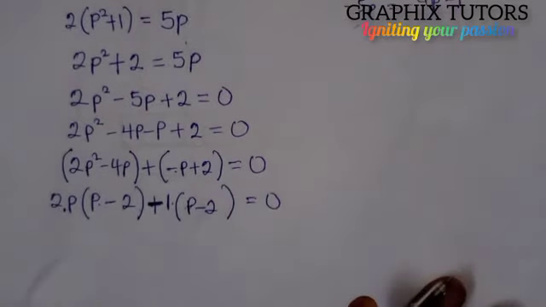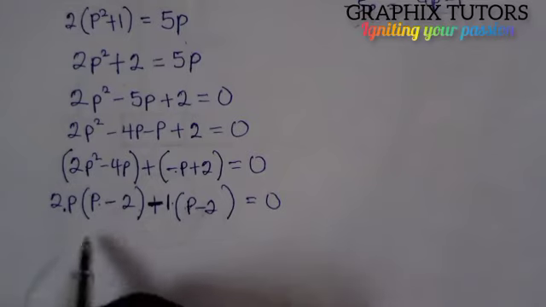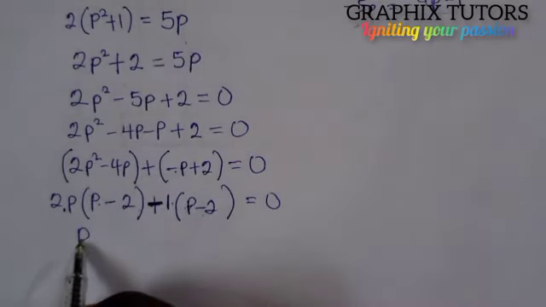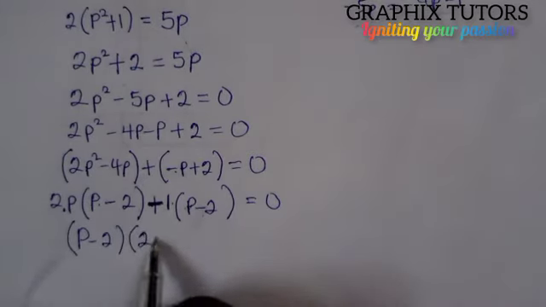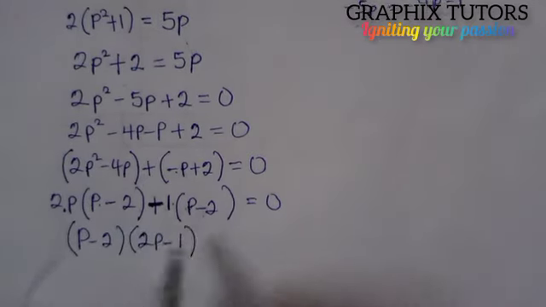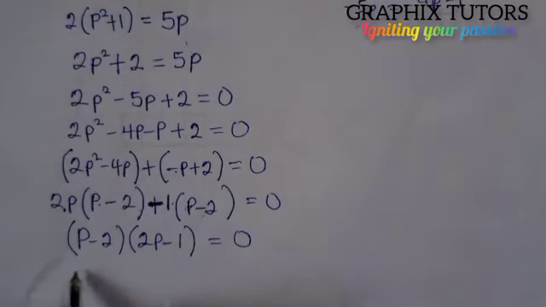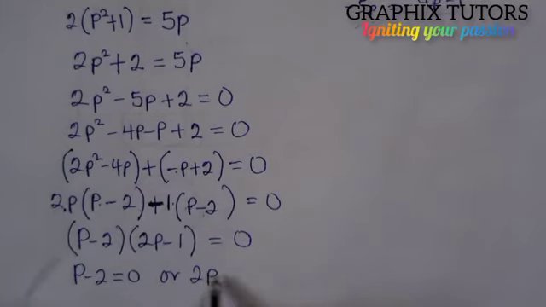Now we move forward. From here, what is common to both sides? P minus 2 is common to both sides. Right? Then we have what? 2p minus 1. You can see 2p minus 1 and p minus 2 all equals to 0. Now if I take them one by one, I have p minus 2 equals to 0 or 2p minus 1 equals to 0.